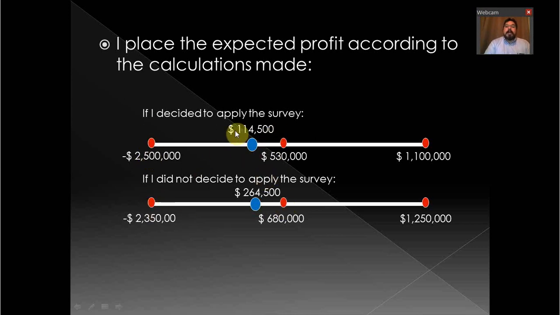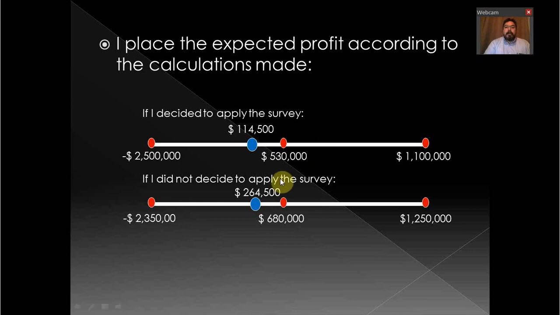Now we have to analyze to which of the limits of the interval this quantity is closer to. In both cases, it is closer to the value of regular sales. So according to this, the result of our operation is that even if we apply or we do not apply the survey, we are going to have regular sales.